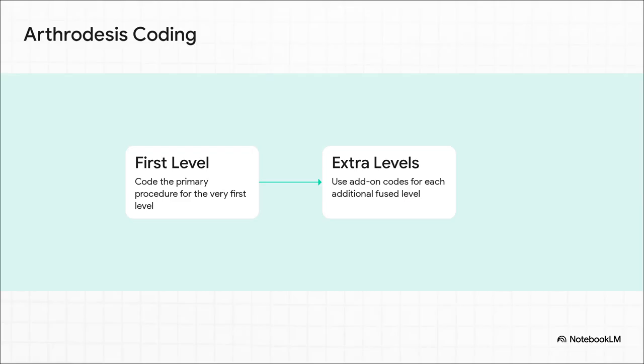Which brings us to the actual coding math. Remember, your primary CPT code only covers the very first level of the fusion. If the surgeon fuses multiple levels of the spine, say they lock 3 bones together, you use your primary code for that first connection, and then you have to use specific add-on codes for every extra segment or interspace they fused. You never just report one single code for a multi-level fusion.